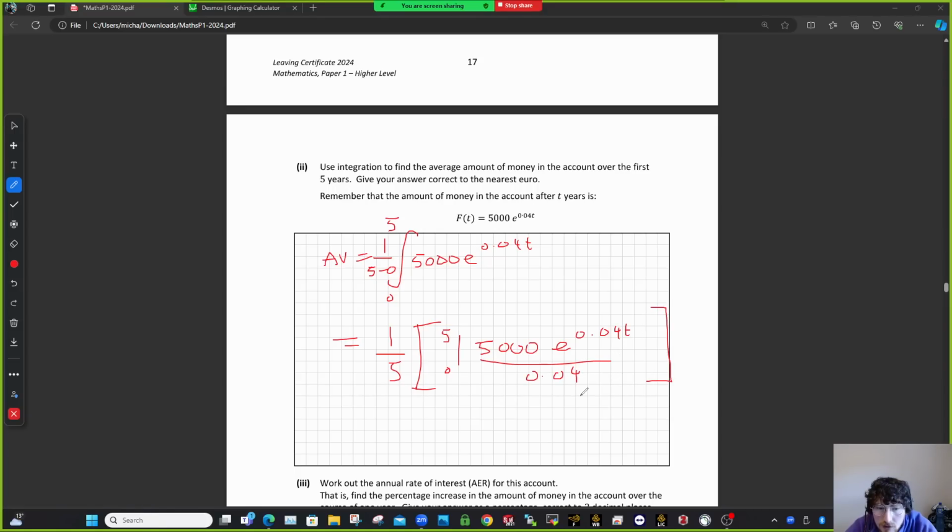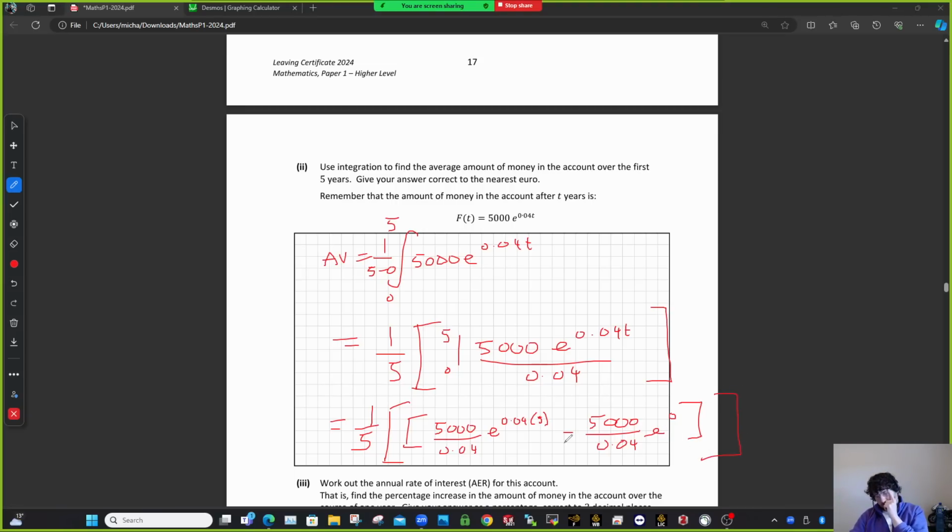Then it becomes a fifth out the front in a square bracket, multiplied by, when you put the upper limit in, 5,000 over 0.04 e to the 0.04 times 5, minus, when the lower limit is in, 5,000 over 0.04 e to the 0. And close off your brackets like that.